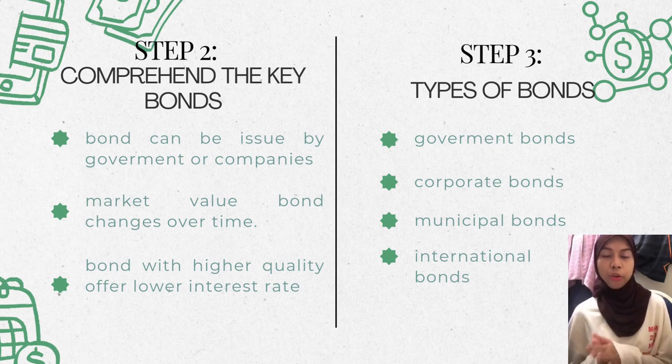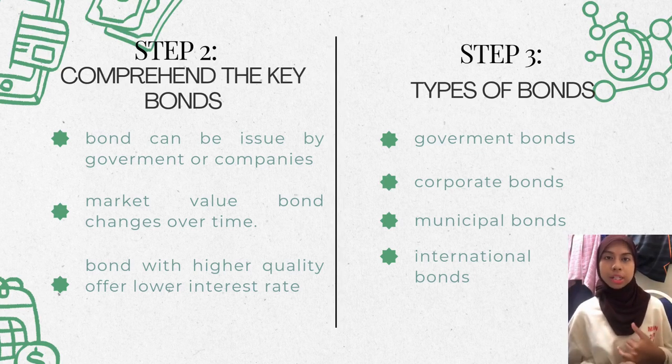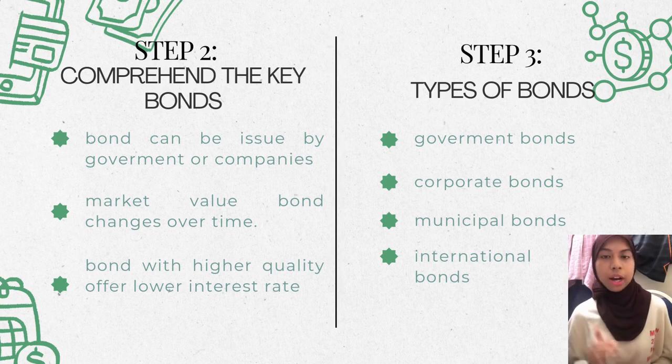The market value of a bond does not remain constant even though the interest rate is fixed. Bond price changes according to the interest rate and market demand. This is because investors prefer bonds that offer higher interest rates. Therefore, old bonds with low interest rates become less attractive. And safer bonds are those that are of high quality and provide lower interest rates.